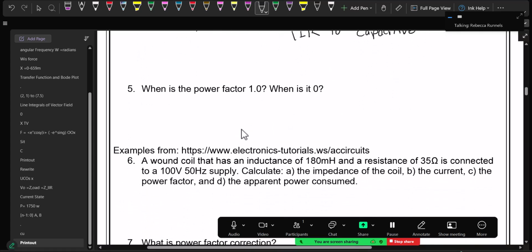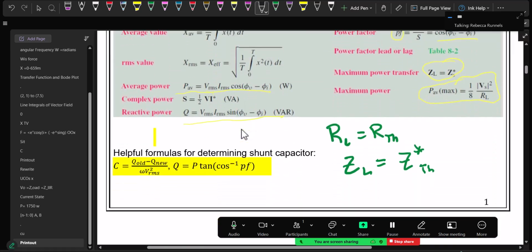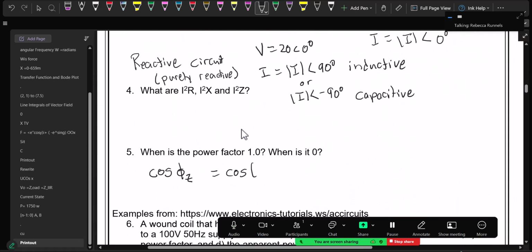So power factor. The definition of the power factor is the cosine of the phase angle of the impedance, which is the cosine of the voltage angle minus the current angle. And so when would that equal 1 and when would it equal 0?